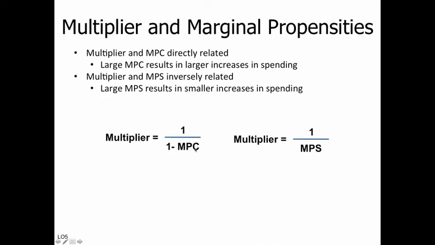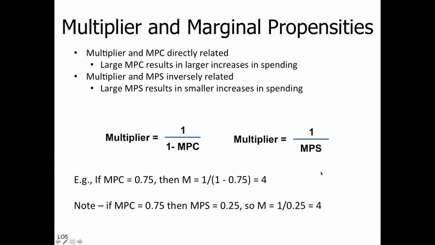1 minus the MPC is the MPS, so 1 divided by the MPS must also give you the value of the multiplier. So from our earlier example, if the MPC is 0.75, we can just plug that 0.75 into this calculation, so 1 divided by 1 minus 0.75 is 4.